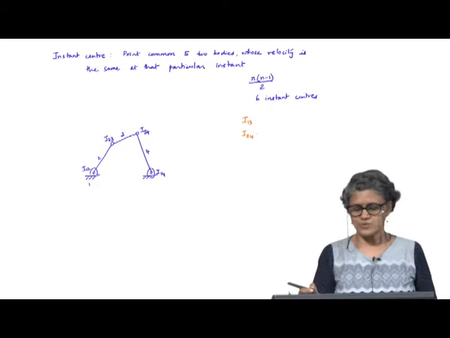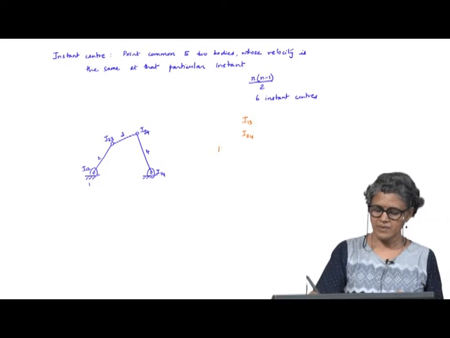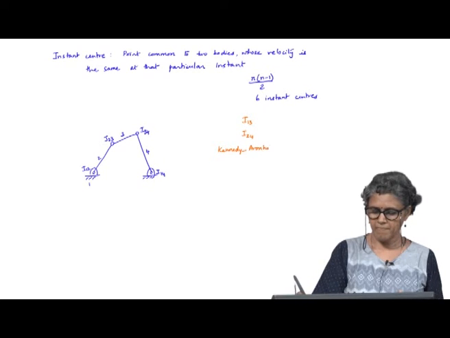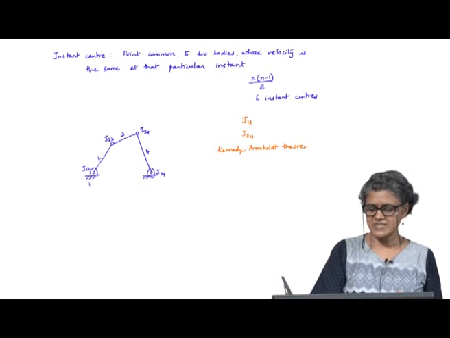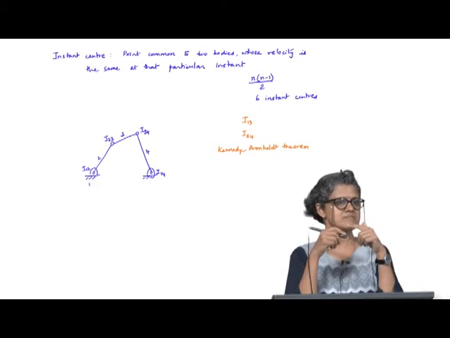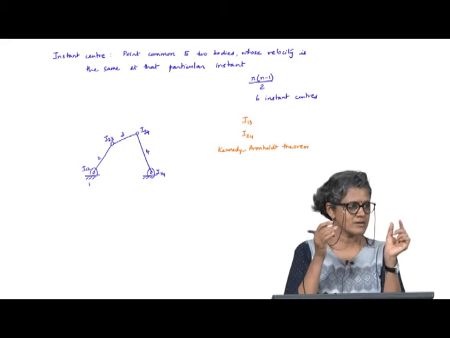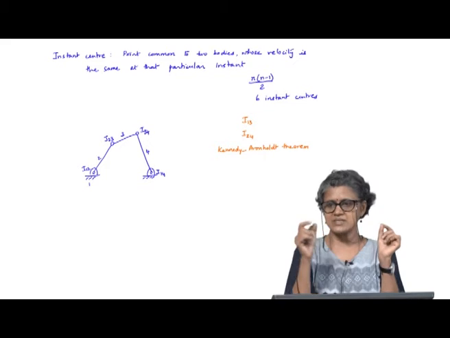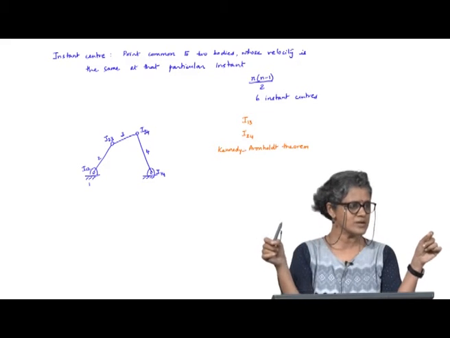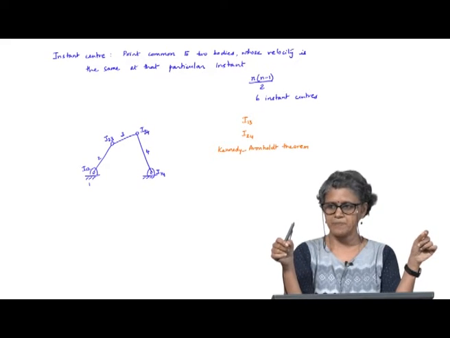So, to do that we make use of the Kennedy-Arenhold theorem, which states that if you have three bodies moving in a plane, then the three instant centers will lie on the same line.